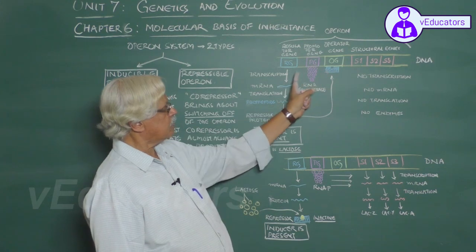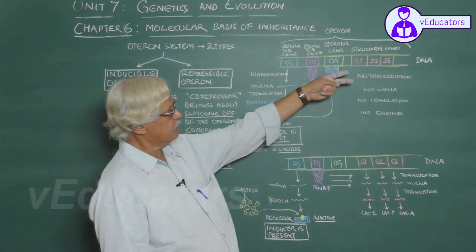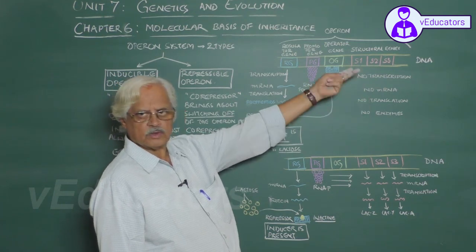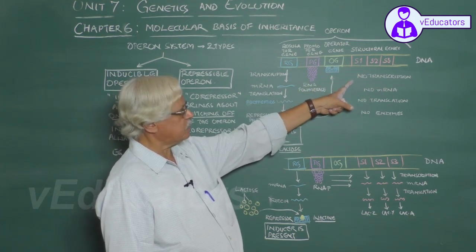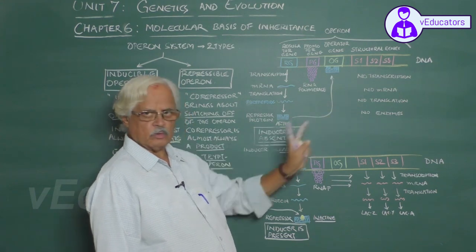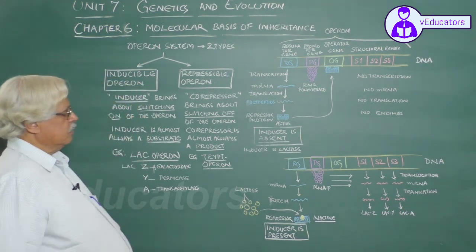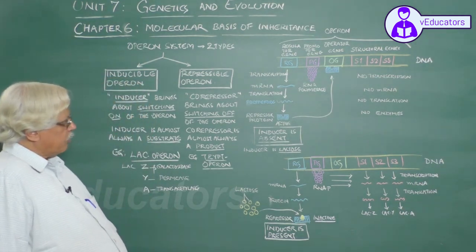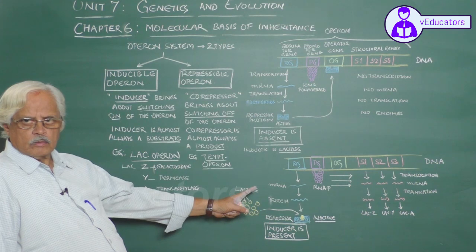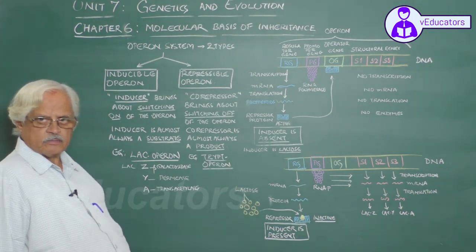Operator gene now does not allow RNA polymerase, therefore the genes are switched off. No transcription, no mRNA, no translation, no enzymes. So this is how the lac operon system functions in the case of prokaryotes like bacteria.